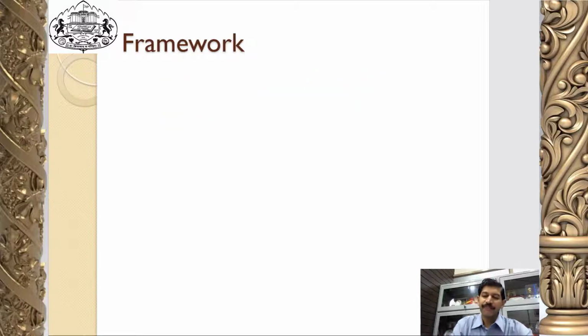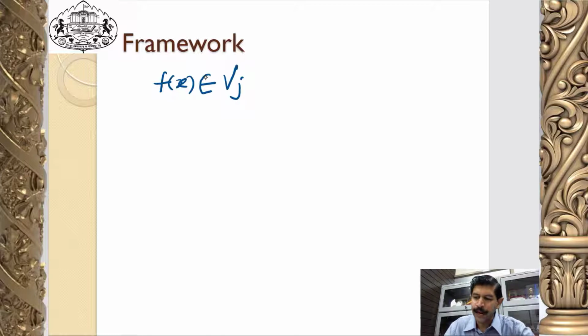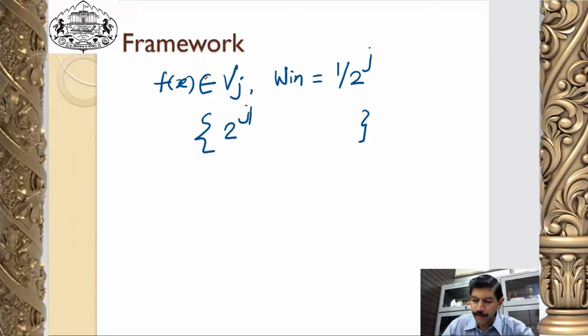We typically say that this function f of x belongs to some subspace V of j, and the window of analysis is going to be equal to 1 upon 2 to the power j. The scale of operation for this would be 2 to the power j by 2 into phi of 2 to the power j x minus k.